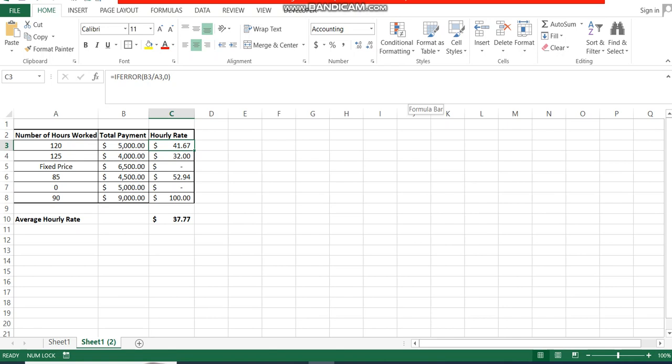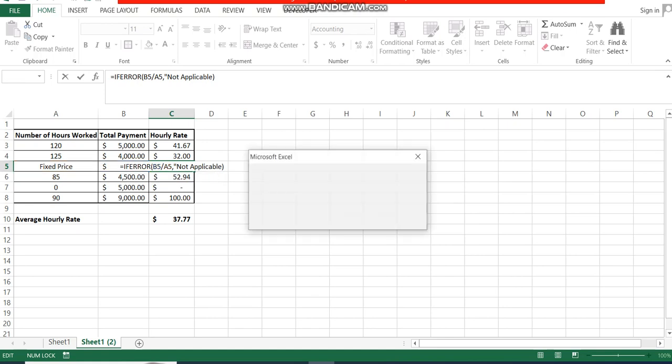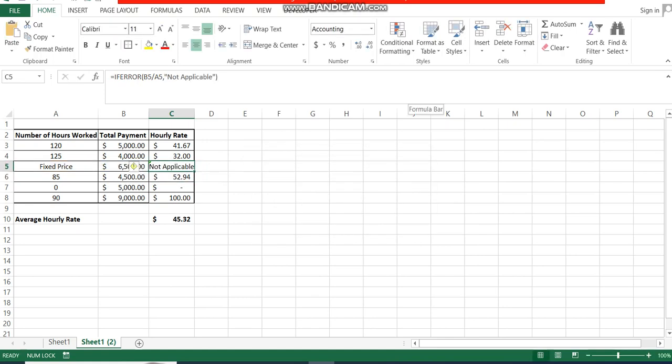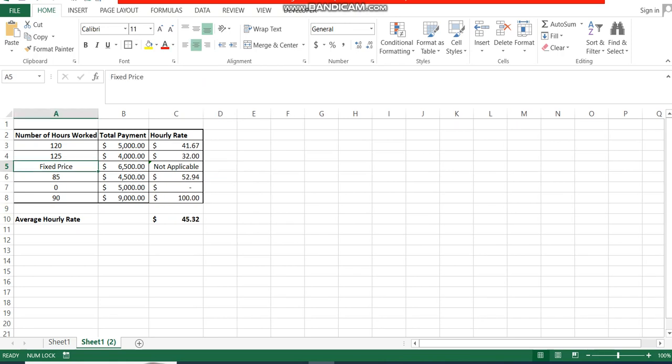Sometimes you can also mention, for example, not applicable, because for a fixed price contract the hourly rate is not applicable.